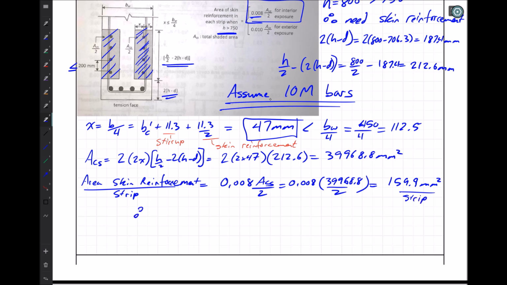So therefore, let's use 2 10M bars per strip, which is a total of 200 millimeters squared.